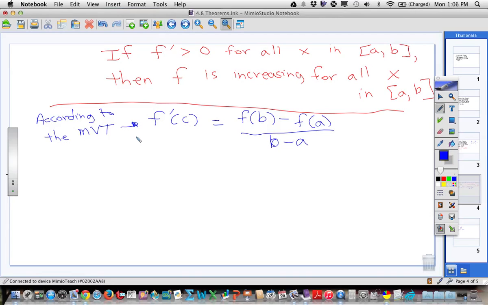Now, before we move on, we should make sure, because the mean value theorem has a couple of conditions on it. What do you got to have? Closed interval, continuous on the closed interval, differentiable on the open interval. Is there anything that was said in here that tells me that that is true? I do have this closed interval. Do I know the function's continuous? I think this says it right here.